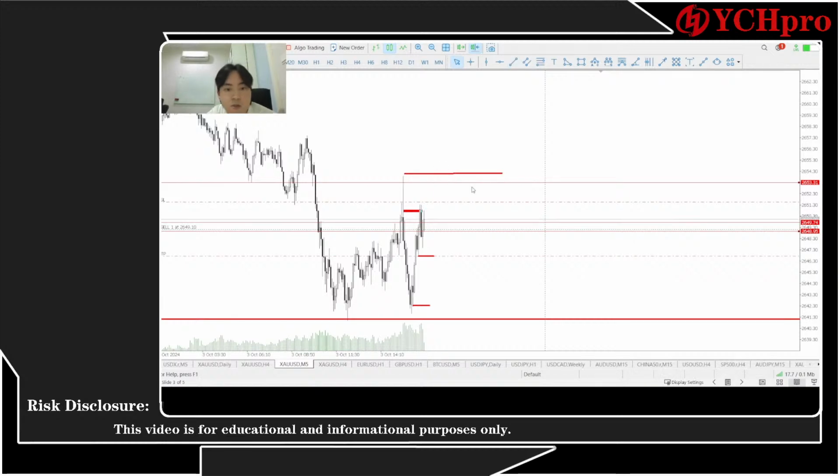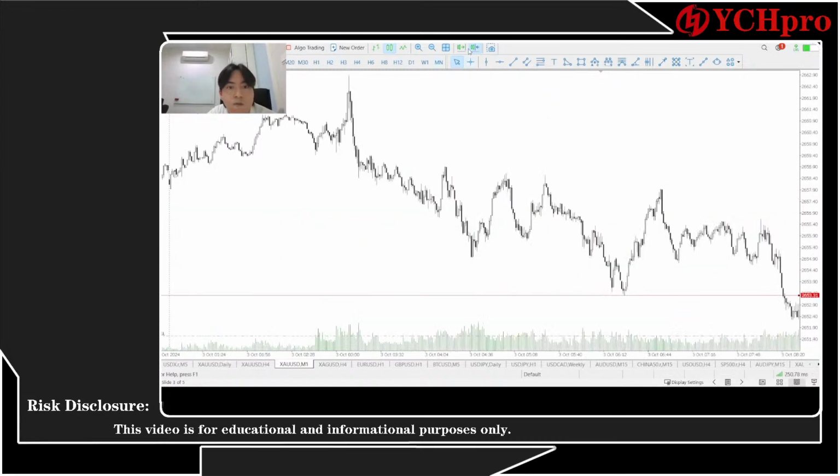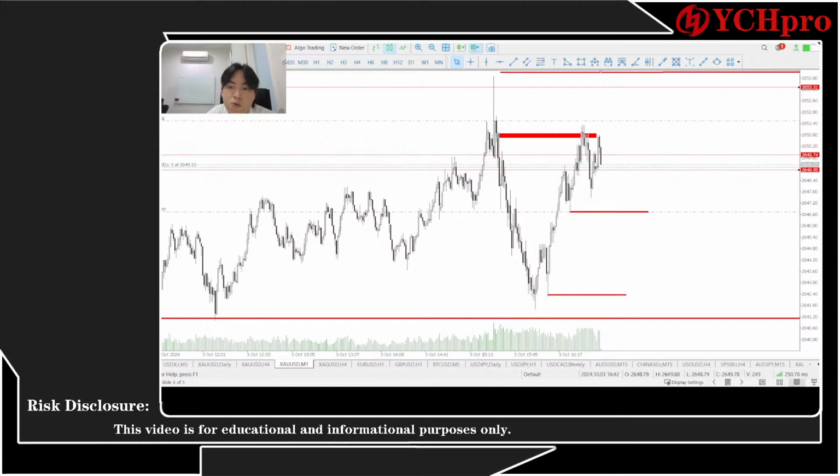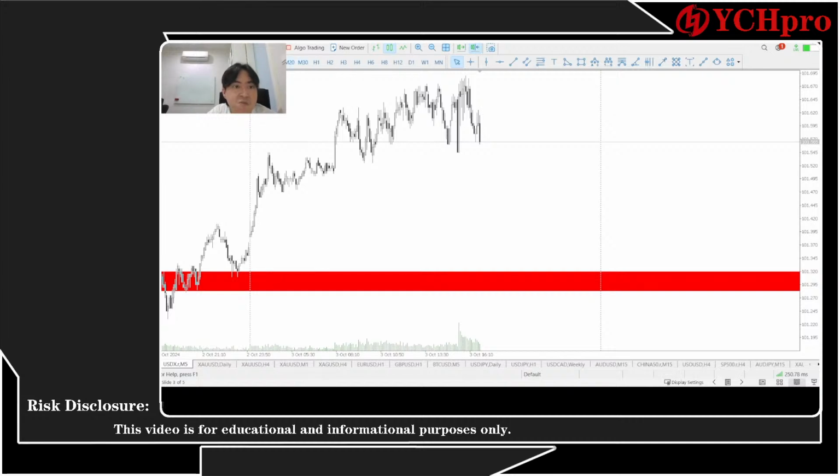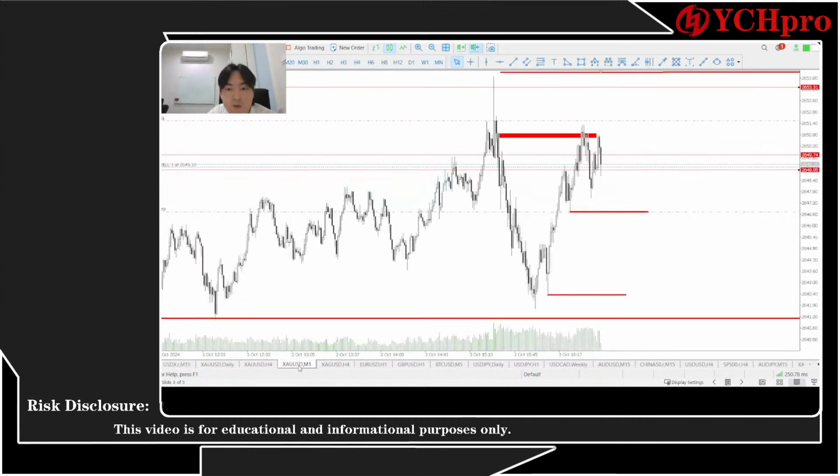Hmm. We need to see a strong displacement on the lower side. The dollar index is showing signs of going strong, but sometimes it doesn't really matter, because the dollar index and the gold market sometimes have a really strong correlation.